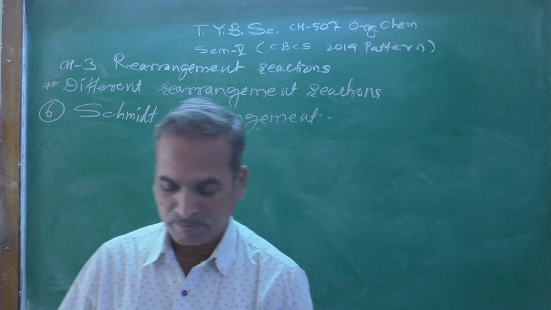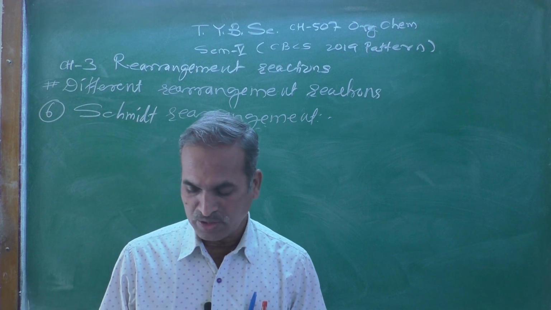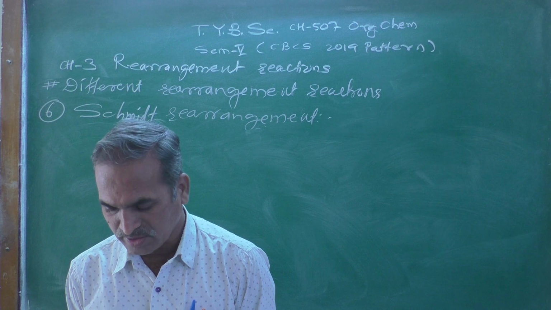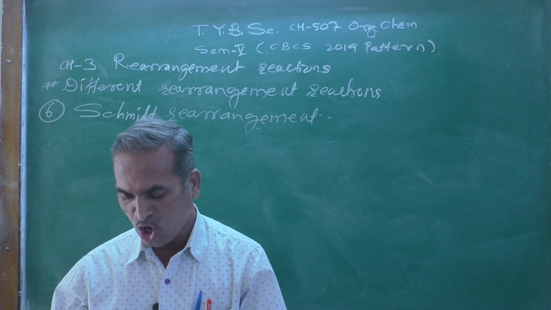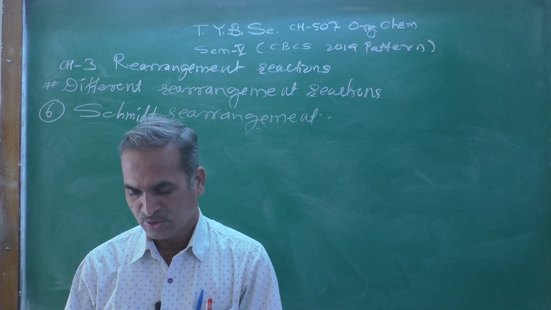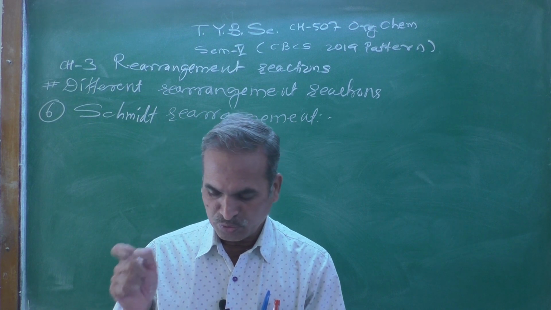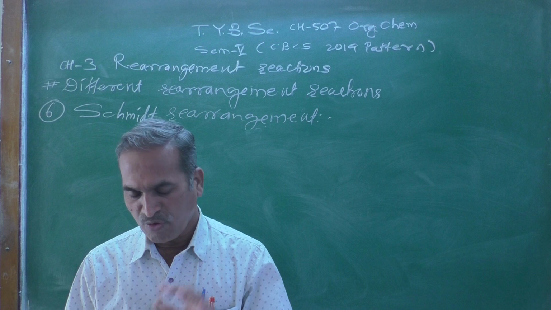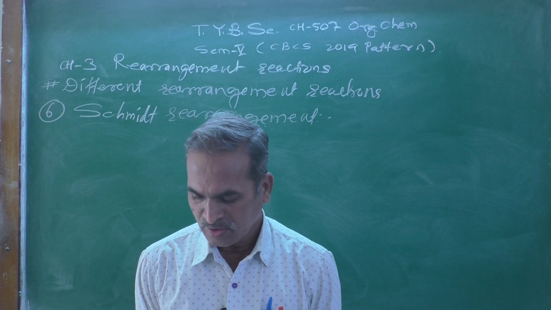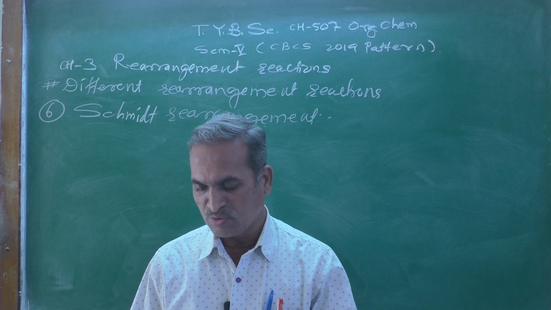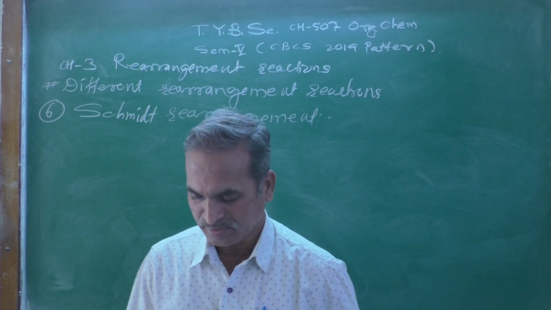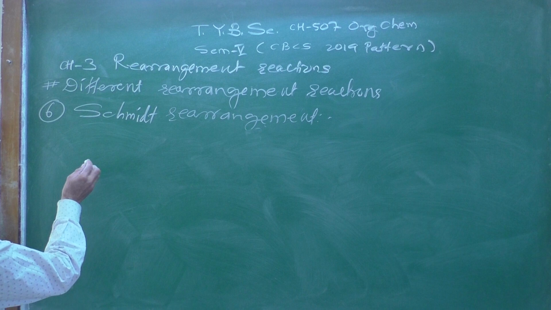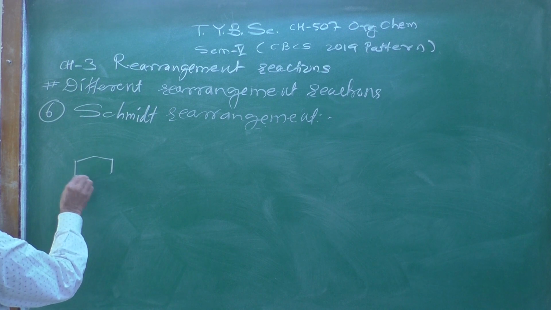Now example number 1 here: ketones also react with hydrazoic acid under strong acidic condition to give substituted amides by Schmidt reaction. For example, benzophenone gives a benzanilide. We know that the structure of benzophenone will be this one.